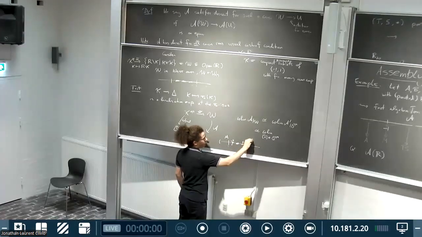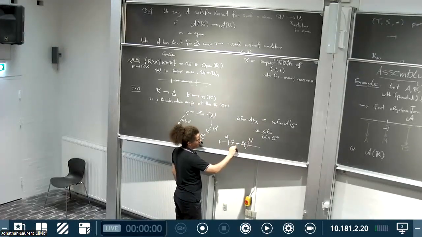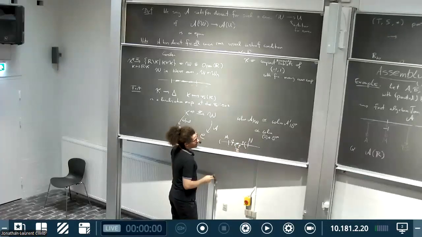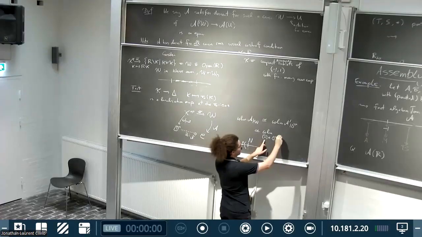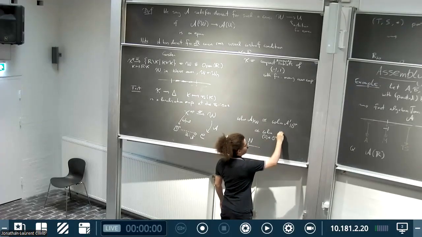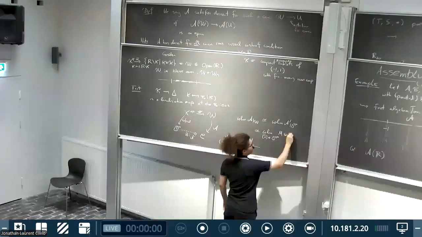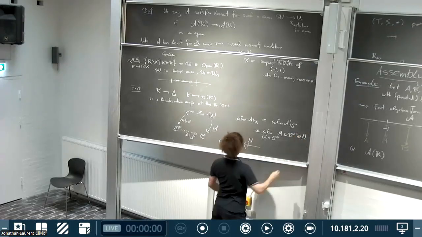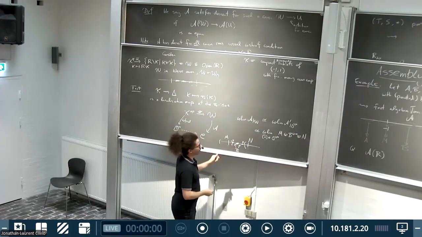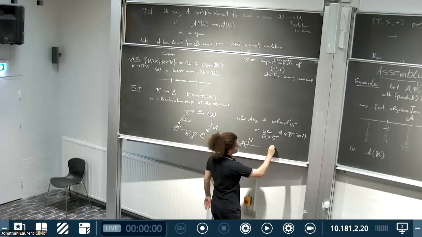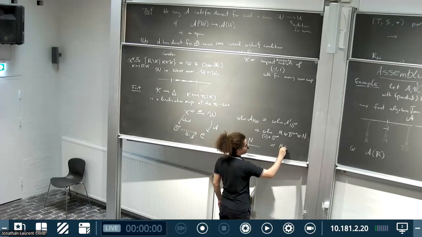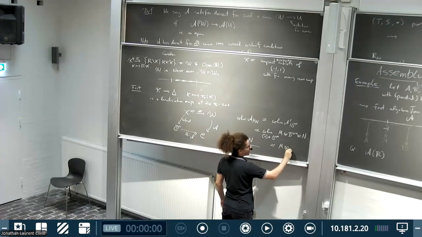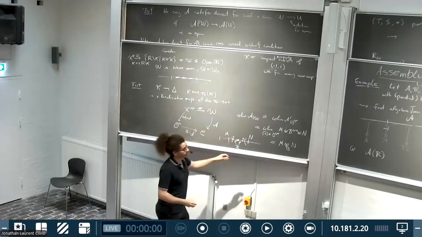Here I have a copy of N because it contains this special point. And all these intermediate ones, it's going to be a copy of B. And so it's going to be the colimit over n of this expression here. And this is really just what one usually would call the tensor product of M and N.